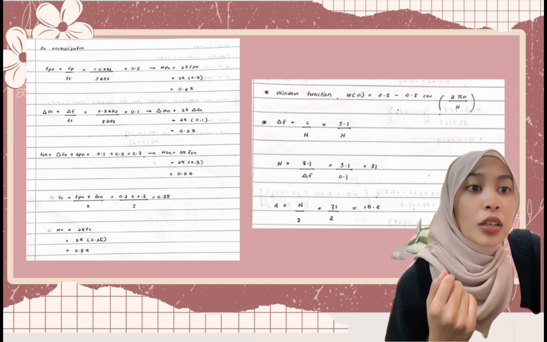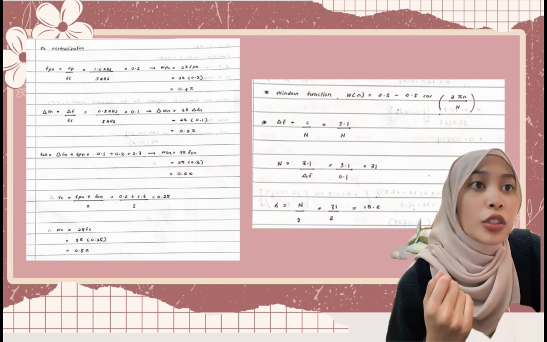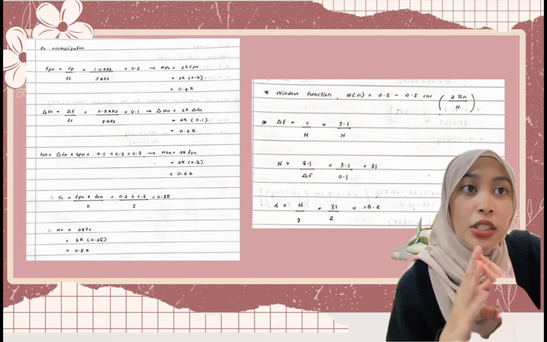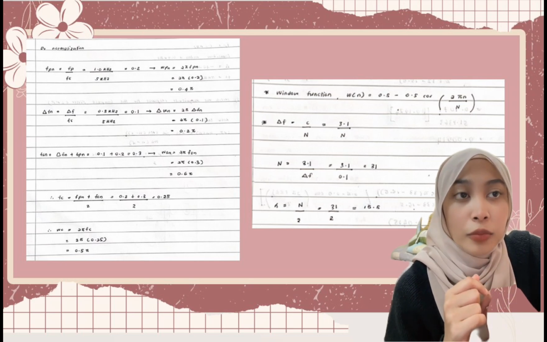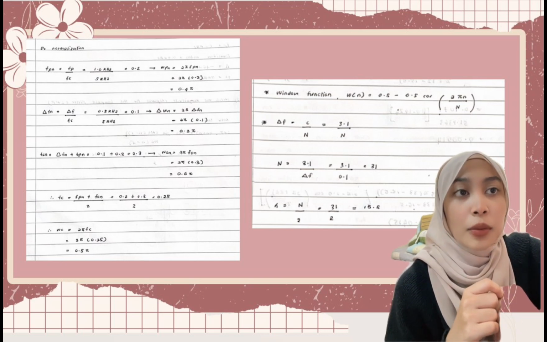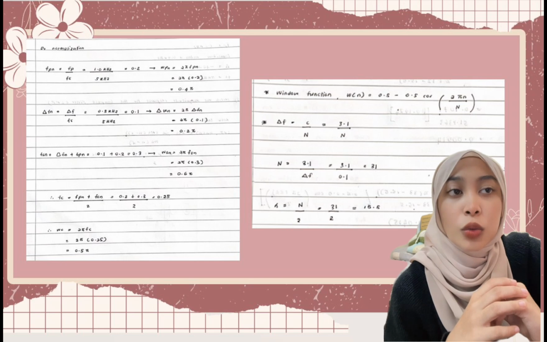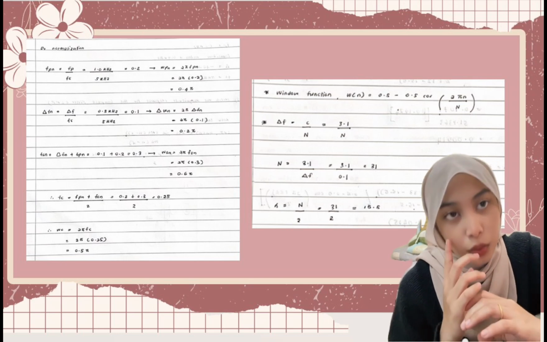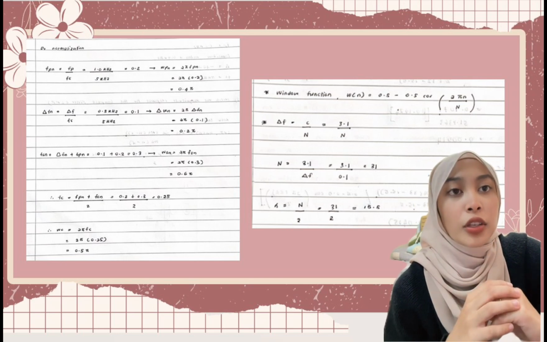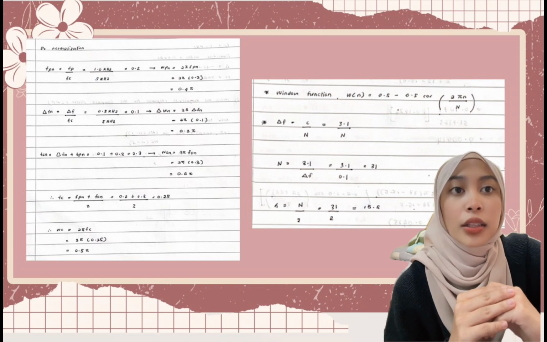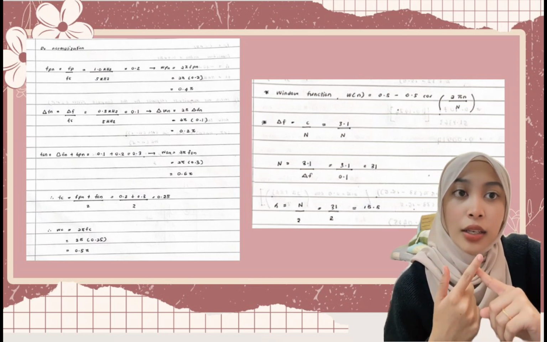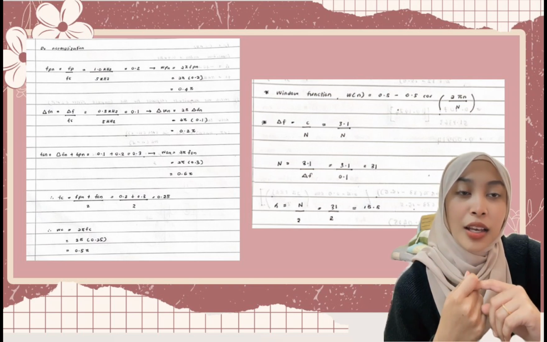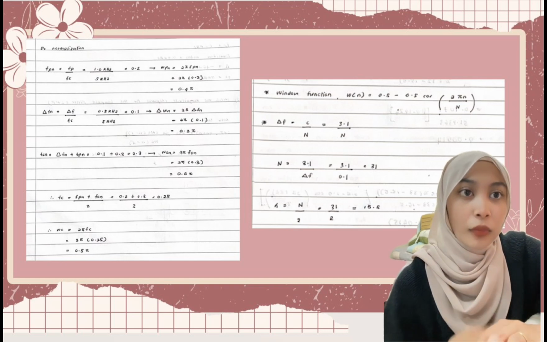The formula for the window function is 0.5 minus 0.5 cos(2 pi n per N). And then we need to find the value of delta f, N, and alpha.